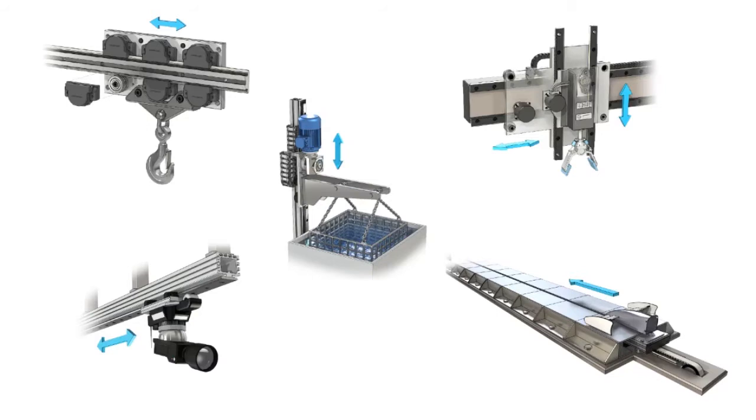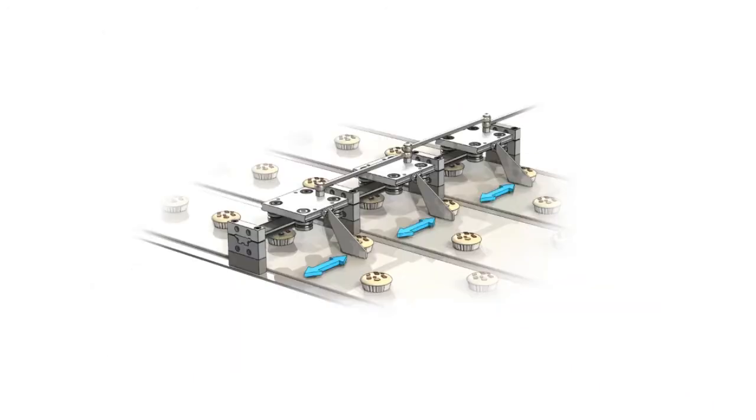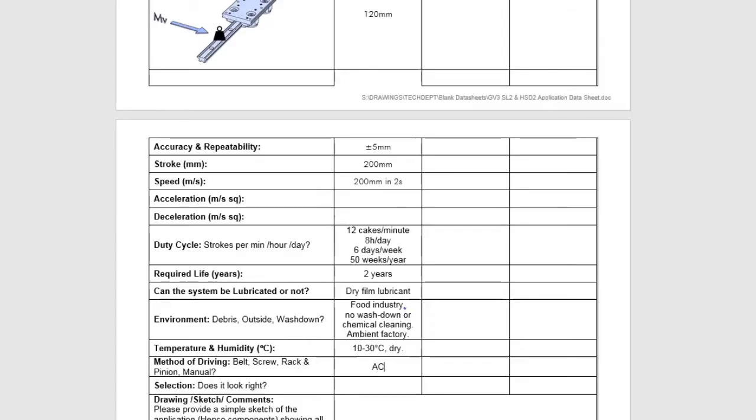Typically, we use rack and screw drives in vertical applications, but belt drives, electric actuators, and friction drives are also possible. In this application, the customer is using an AC geared motor to drive the carriages back and forth. Each of the carriages is mechanically linked by a rod, which then joins to the motor.